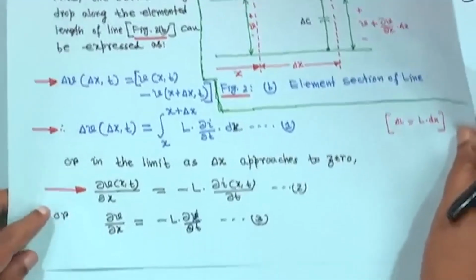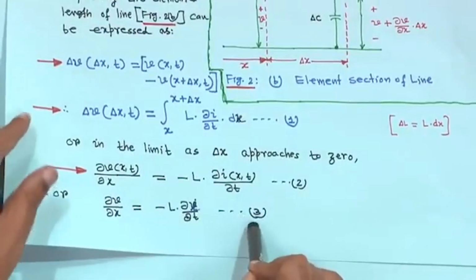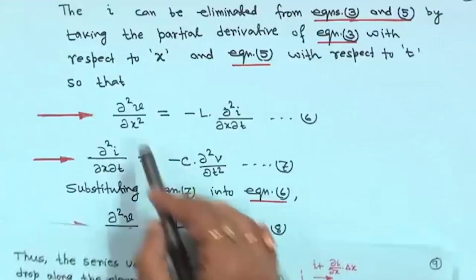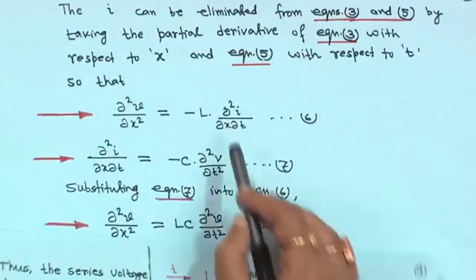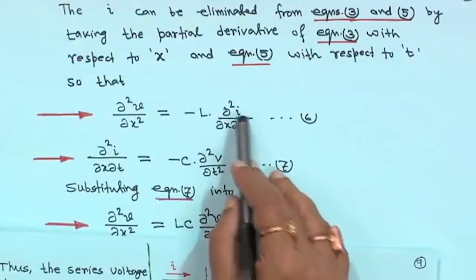Now, I can be eliminated from equation 3 and equation 5 by taking the partial derivative of equation 3 with respect to x and equation 5 with respect to t. Coming back to equation 3, if you take the derivative with respect to x, this will become del square v del x square is equal to minus L del square I del x del t.